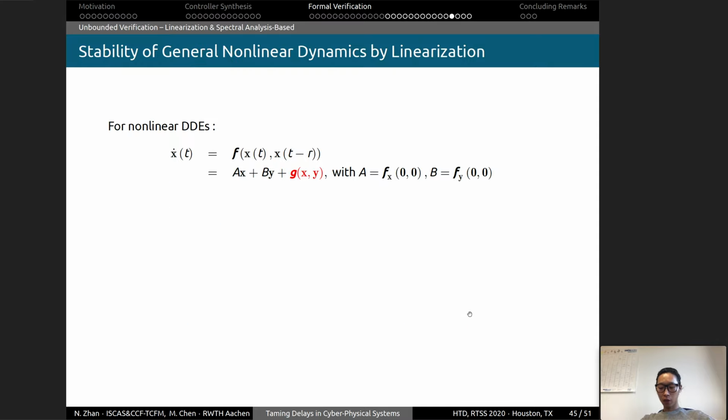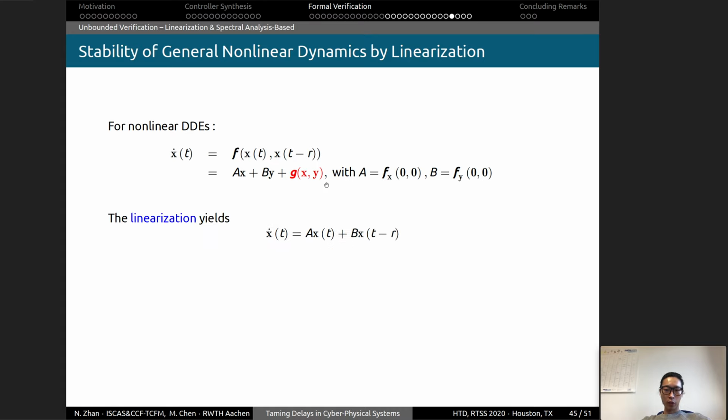Good. Now for nonlinear delay differential equations, we use the technique of linearization. For example, for a possible nonlinear flow field f, we can write it in this form where A and B are the Jacobian matrices with respect to x and y respectively, and G here is the higher order term that makes it nonlinear.